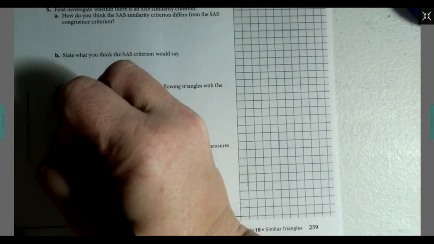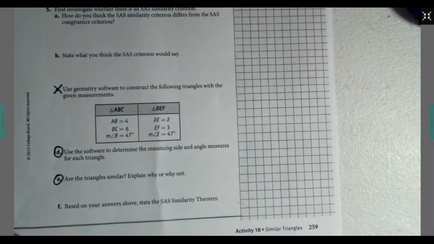We're not actually going to do C because that's asking us to use the geometry software. And F says, based on your answers above, state the side angle side similarity theorem. So I'm going to give you D and E before I have you get started on your own.